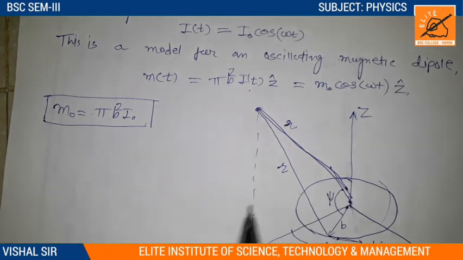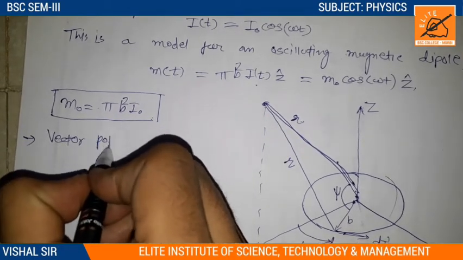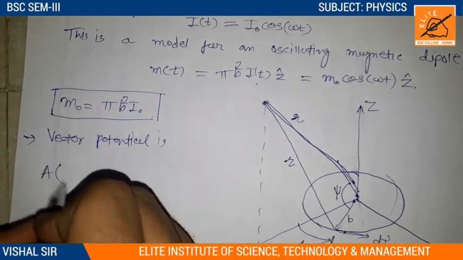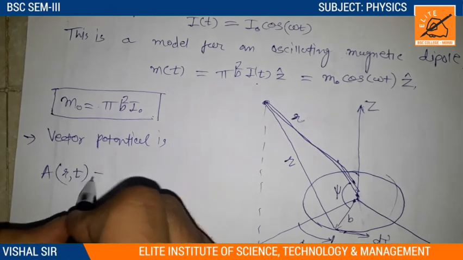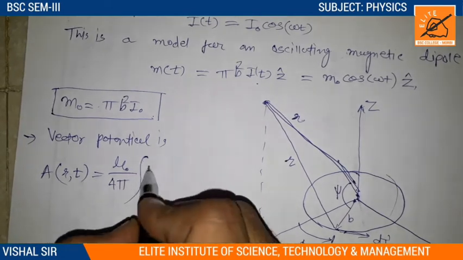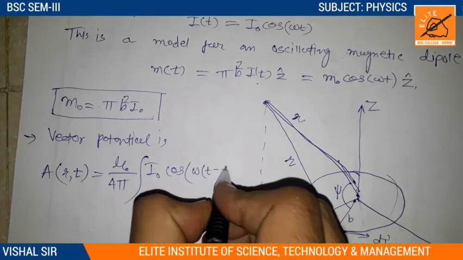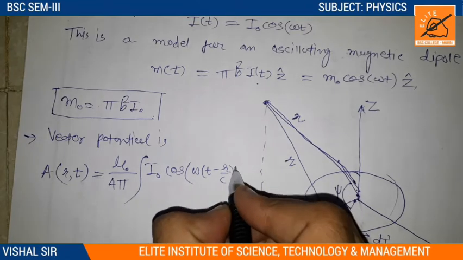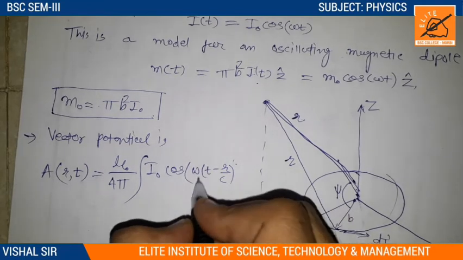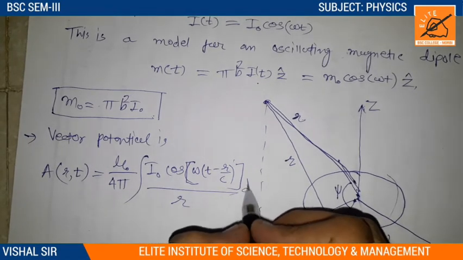The retarded vector potential is given by A of r comma t is equal to mu 0 upon 4 pi integral I0 cos omega t minus r upon c, upon r, dI dash.